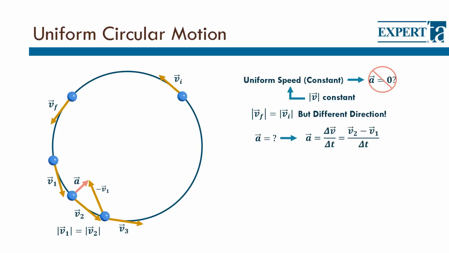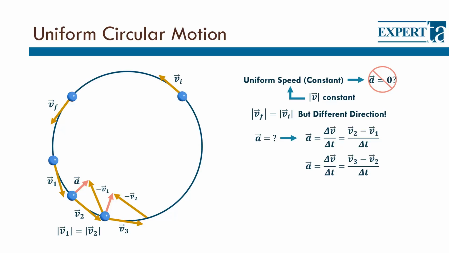My velocity is again directed tangentially to the circle. The acceleration can again be found just by taking the final minus the initial, v3 minus v2 now. And so I can find the acceleration at that point being directed like that. Again, I don't know the exact size of the acceleration because I don't know the time interval delta t, but all the directional information is in the change in the velocity.